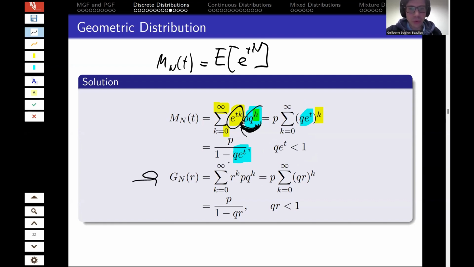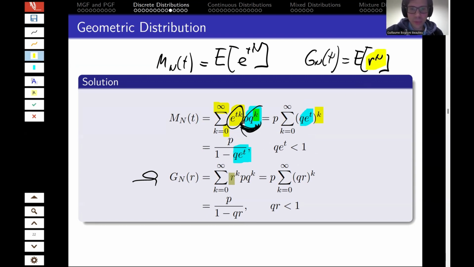PGF, extremely similar. You write the definition of the PGF, which would be, well, I can write it here. Let's not be lazy. I need to earn my salary once in a while. So PGF is, sorry, not e, but expected value of r to the n. So what are the possible values of r to the n?